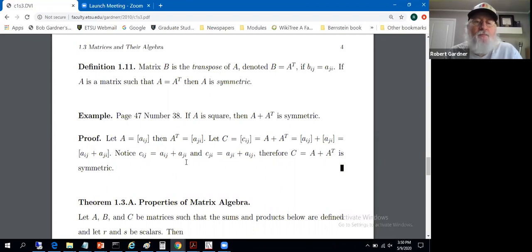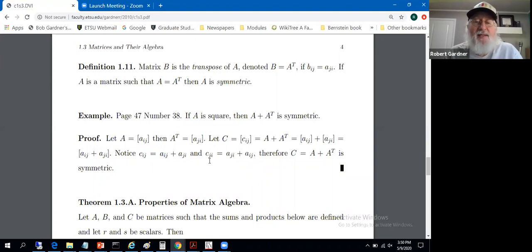All right. To be symmetric is to equal the transpose, to have, in this case, C sub ij and C sub ji being the same. It's symmetry with respect to the main diagonal. So let's interchange the i's and j's in this little equation. C sub ij becomes C sub ji, A sub ij becomes A sub ji, and A sub ji becomes A sub ij.